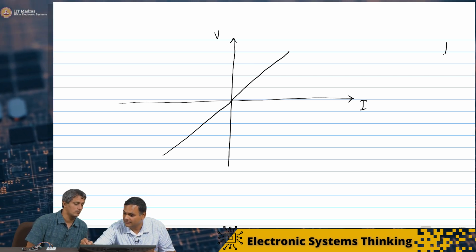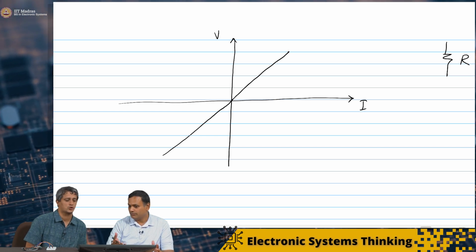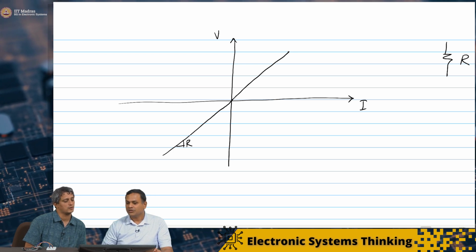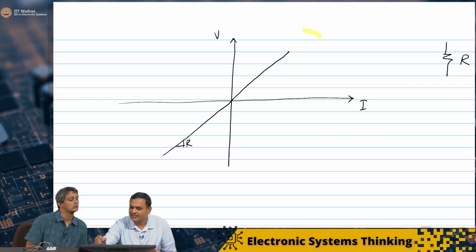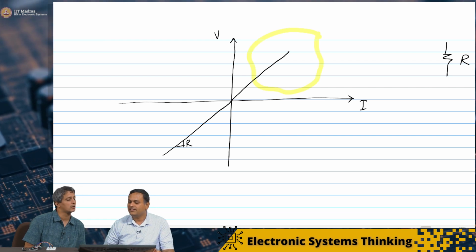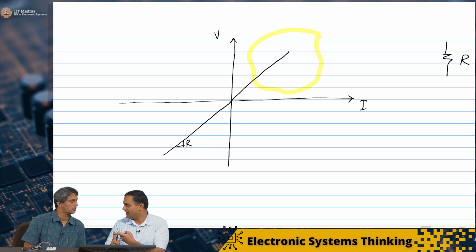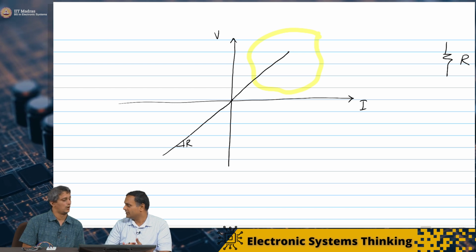If I have a resistor R, the slope is going to be the resistance. This region here is the region where V times I is positive, because the x-axis quantity I is positive, and the y-axis quantity V is also positive.